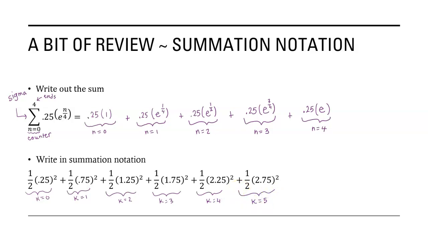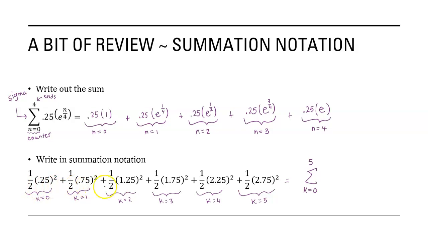Now I have to be counting by integers. My counter variable can only go up by 1. I can't change what I count by. So these have to be going up by 1s. I could change where I start counting. I don't have to start at 0. I could start at 1, but I think it makes the most sense to start here at 0, and we would end when we get to 5.